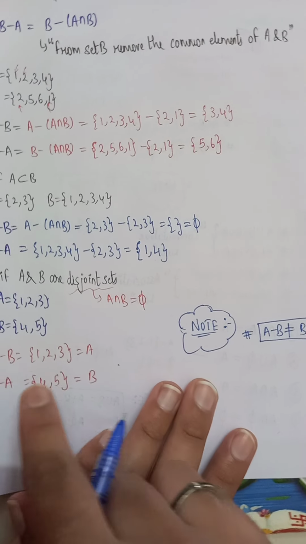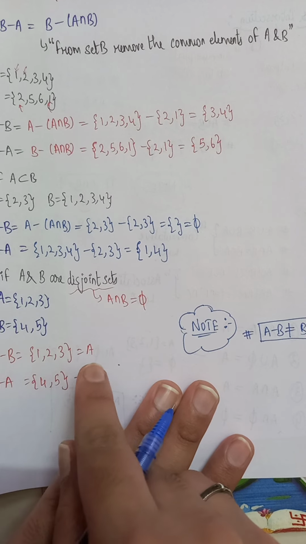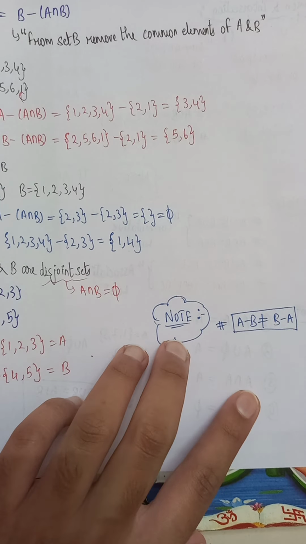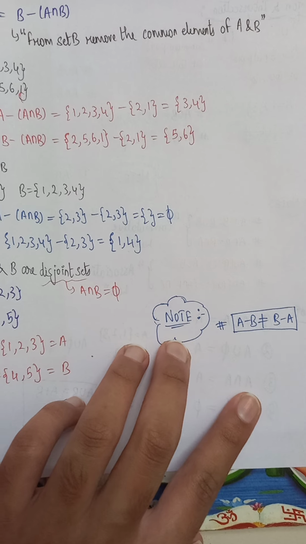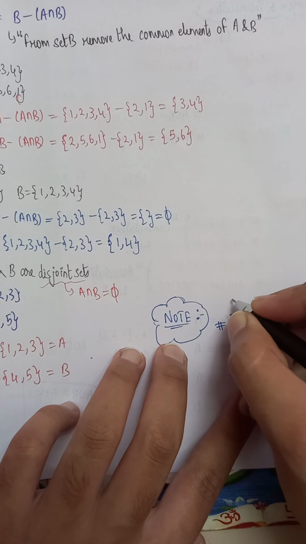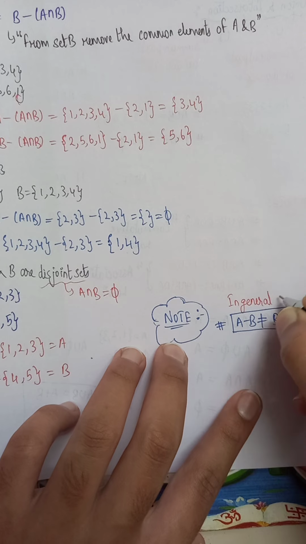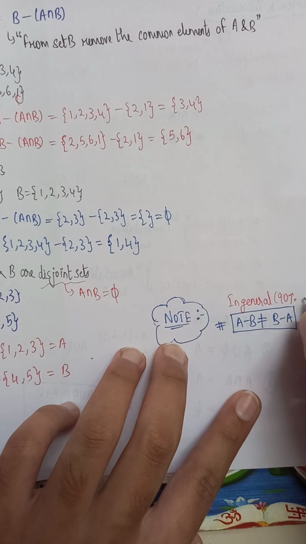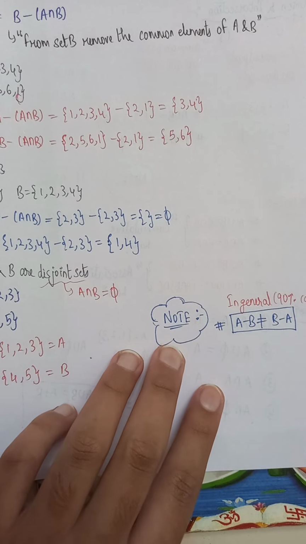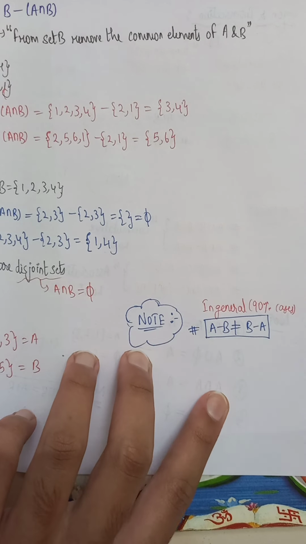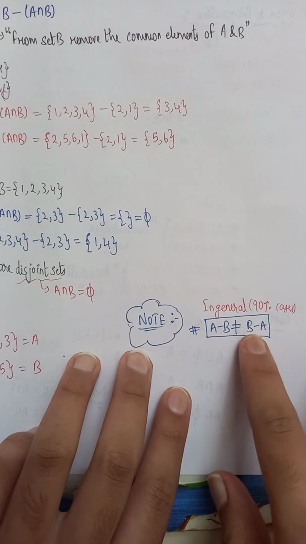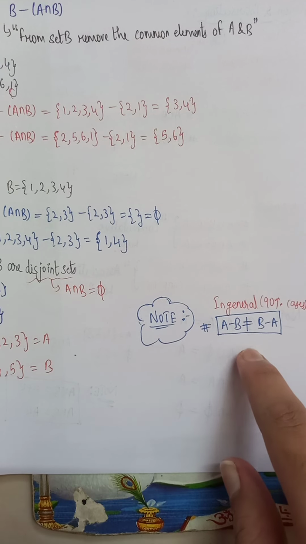This note is valid in 90% of the cases in general. There may be some cases in which A minus B is equal to B minus A, but in general in 90% of the cases A minus B is not equal to B minus A.